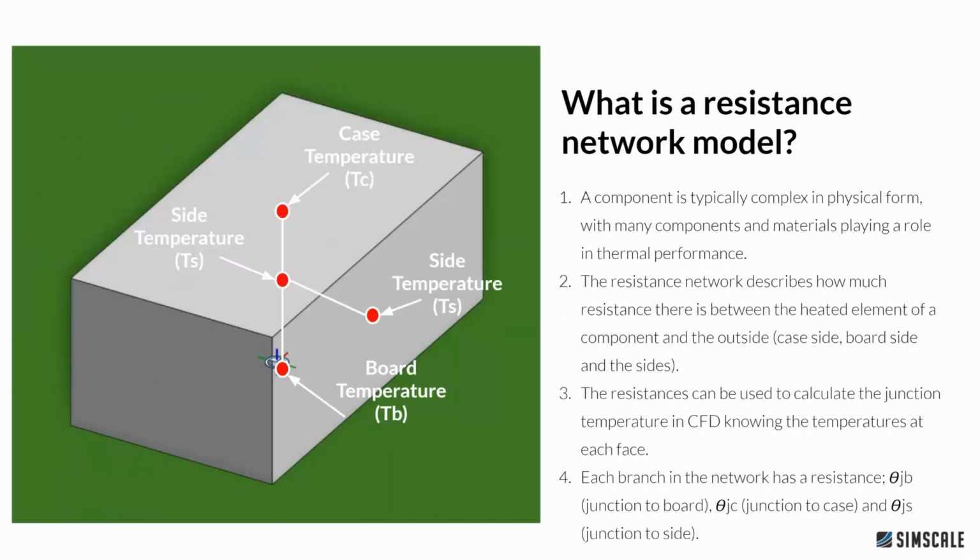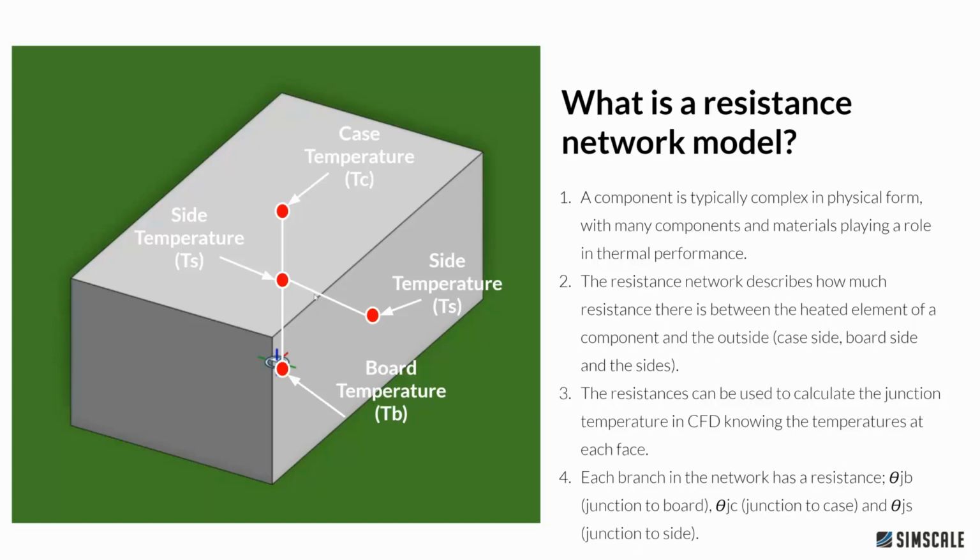and therefore the side temperature. If you look at this, we're going to say, okay, we've got these resistances, these different temperatures, and what we're actually assuming in the resistance network model is that each of these sides is just going to be of an average temperature that is calculated from CFD.